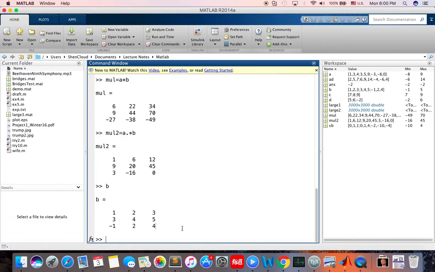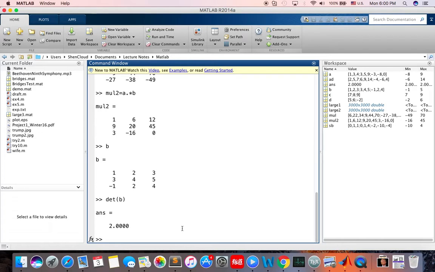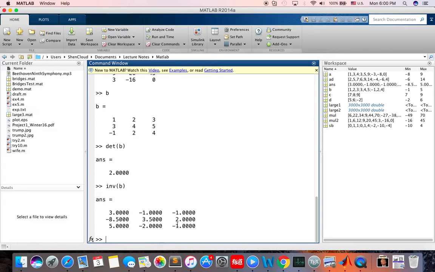And also we can use some functions for matrices. For example, we can find the determinant of the matrix. So determinant of B, just det(B), and also the inverse of B here.